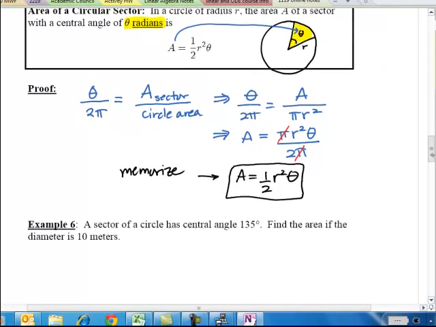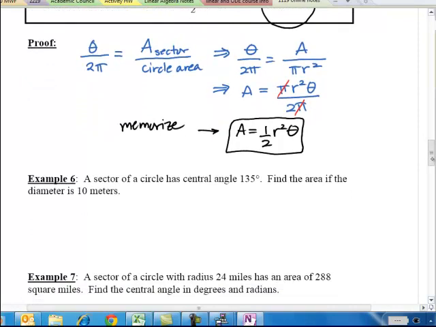So, like in example 6 here, we are given that the central angle is 135 degrees, so we need radians.